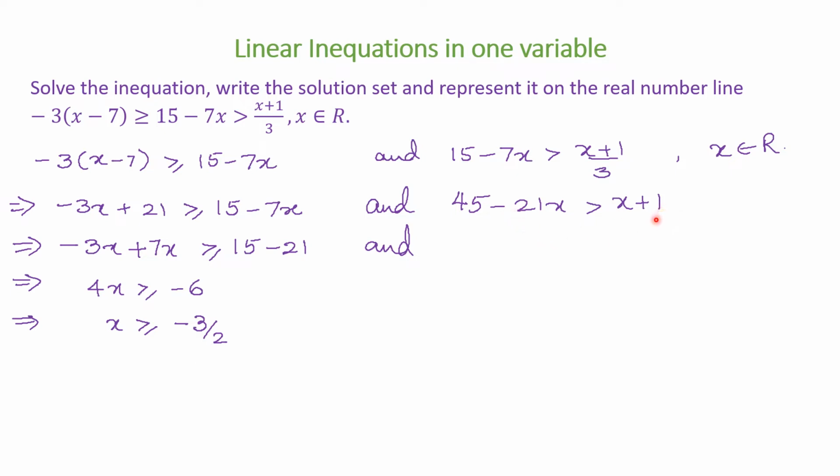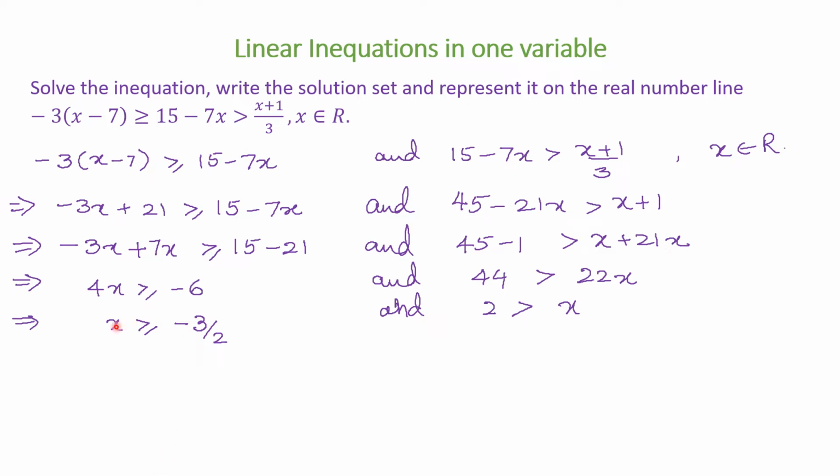That will become 22x, and I'm bringing 1 to this side. So this will be 45 minus 1 is greater than x plus 21x, and that will give me 44 is greater than 22x, and that will give me 2 is greater than x.